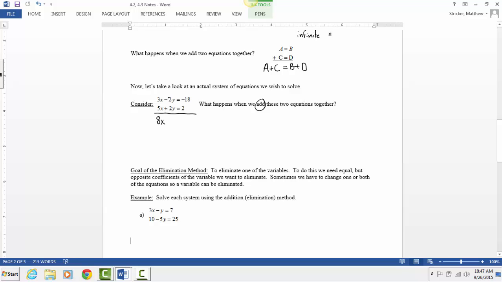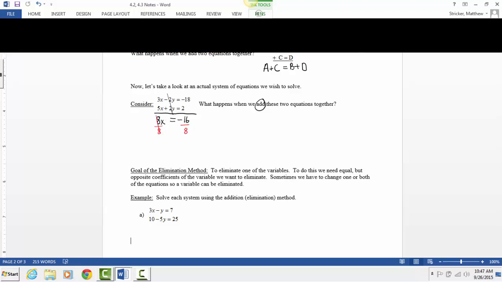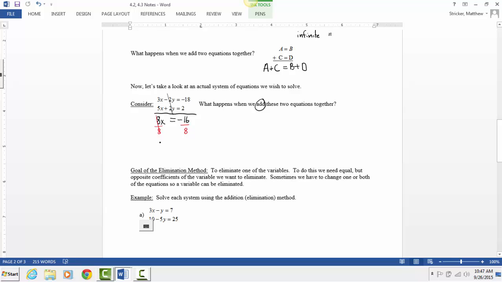So those are going to cancel, so there's no more y's. And then the other side, negative 18 plus 2 is negative 16. Now this is really nice because now I can divide both sides by 8, and I got x really quickly. I got x equal to negative 2.